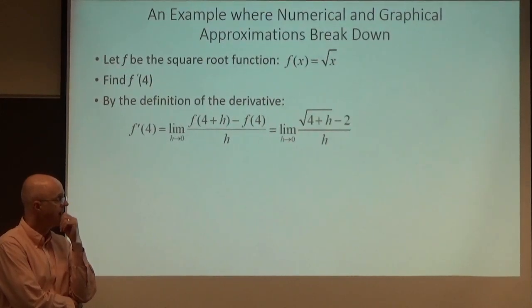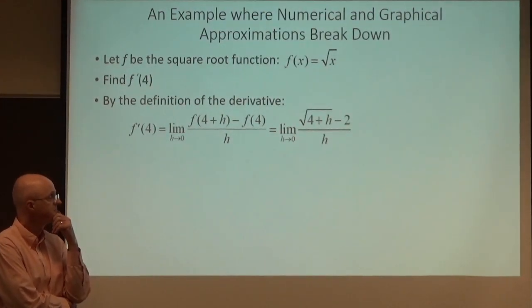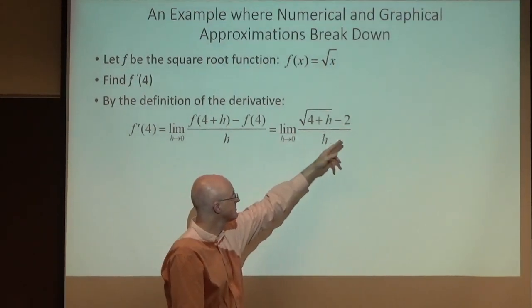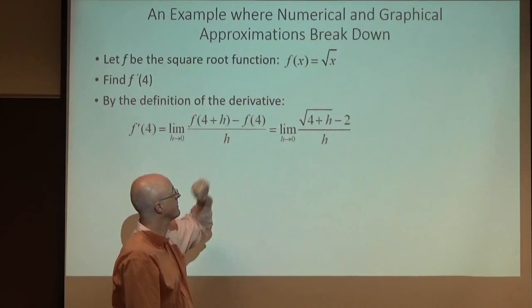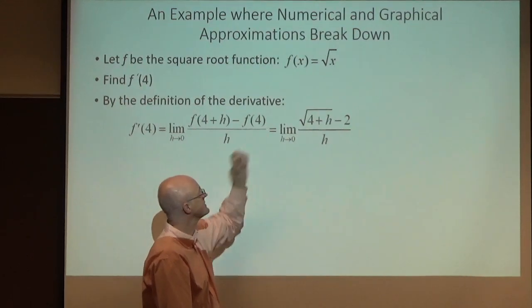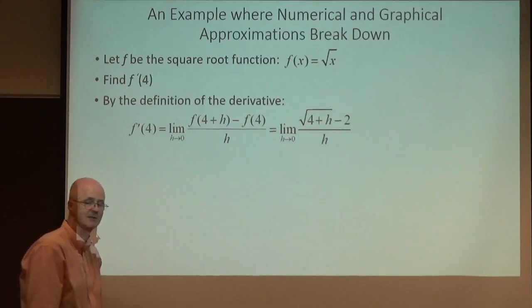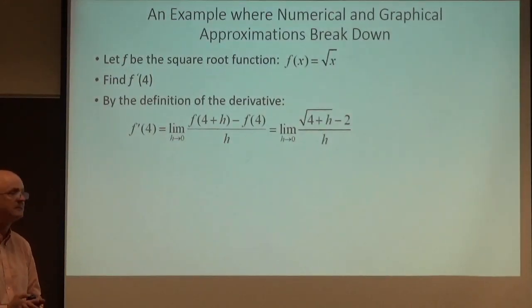The second step right there, that's just using the formula for the function. f of 4 is the square root of 4, which is just f of 4 plus h. I look at the formula for the function, I need to replace x by 4 plus h. The function is square root of x, so this is the square root of 4 plus h. That's just what the function is. That's the reason.